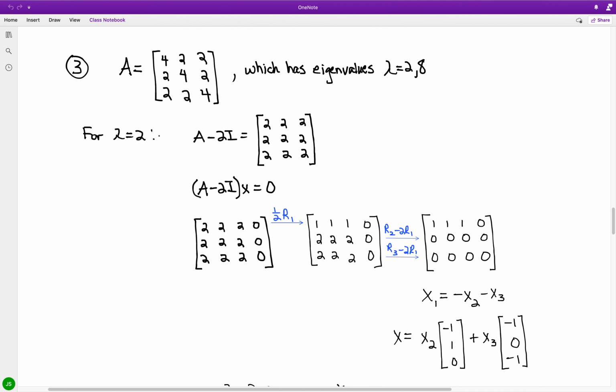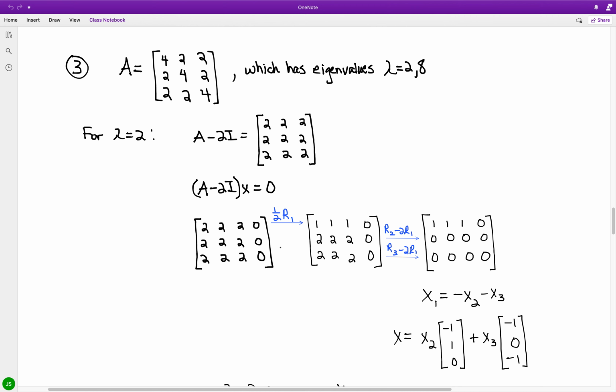To see if this matrix is diagonalizable, we start with the first eigenvalue, 2. If I take A minus lambda I, or in this case A minus 2I, it becomes nothing but 2's running across. Taking the difference A minus 2I, multiplying by x, and setting equal to 0, we establish the augmented matrix.